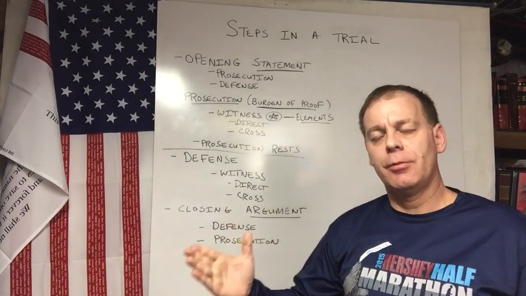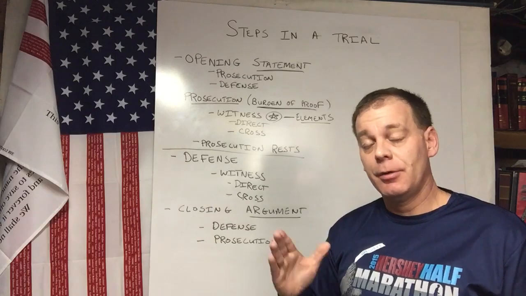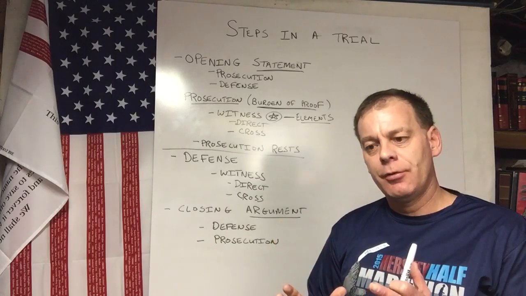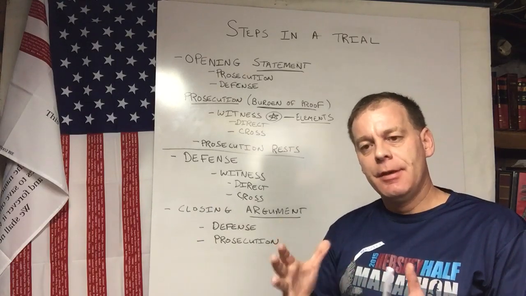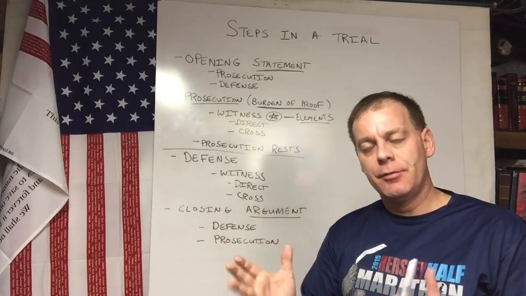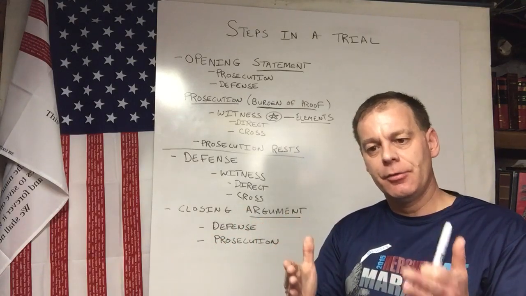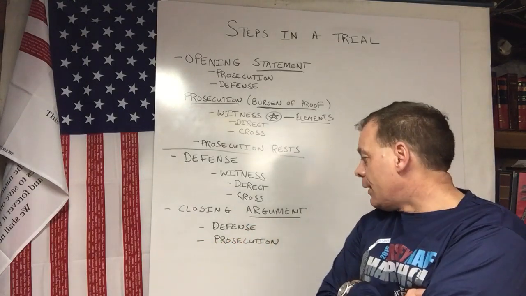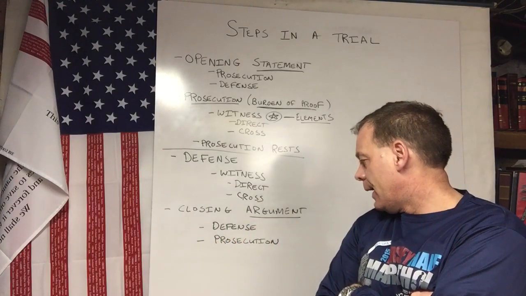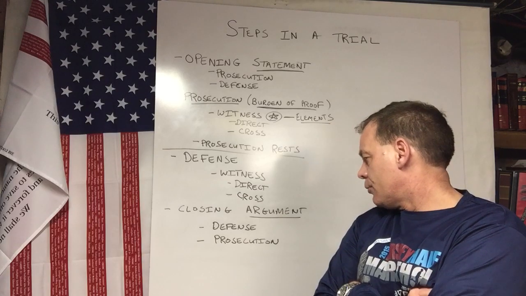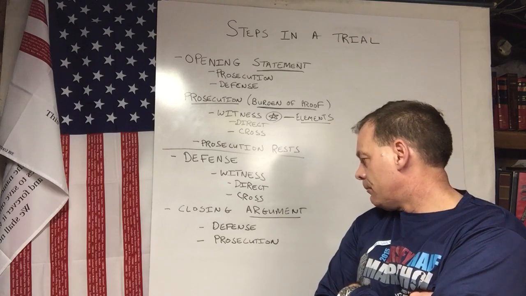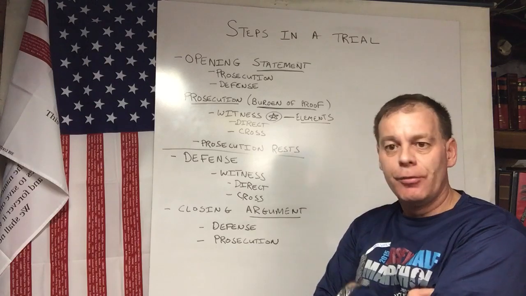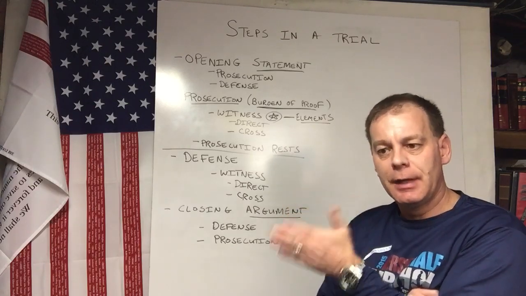You say things like, ladies and gentlemen of the jury, the evidence supports that this happened this way. Use your common sense to analyze the evidence to say this is what happened in this case. And all of that goes towards the elements of the case. And those are the closing arguments. Remember, in the case, we have to prove each and every element of the case.